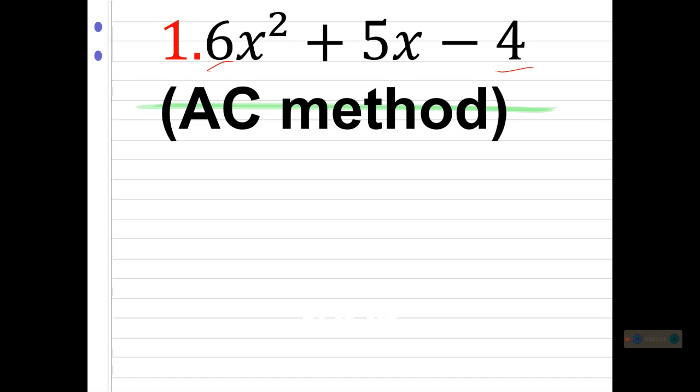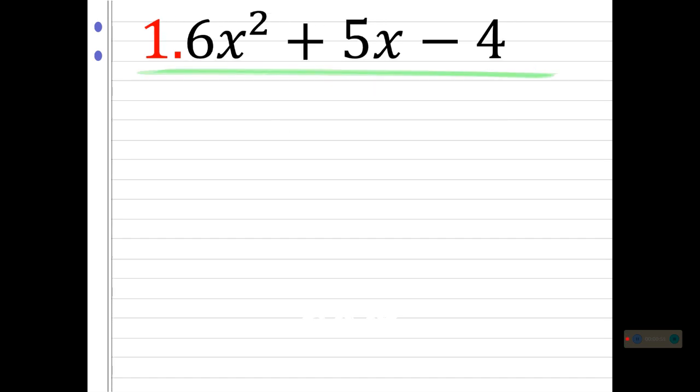So for the first step, you are going to multiply the coefficient of x squared, which is 6, so this will be our a, and the constant term c, negative 4. Therefore, 6 times negative 4 is equal to negative 24.